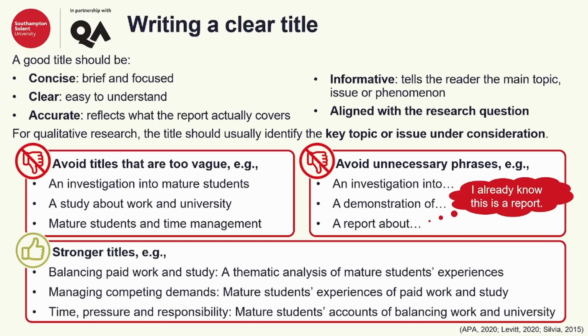Mature students may be studied in relation to academic achievement, social belonging, mental health, financial pressure, or many other issues. Similarly, a title about work and university gives us two broad topics, but it does not identify the participant or the relationship being explored between those topics.